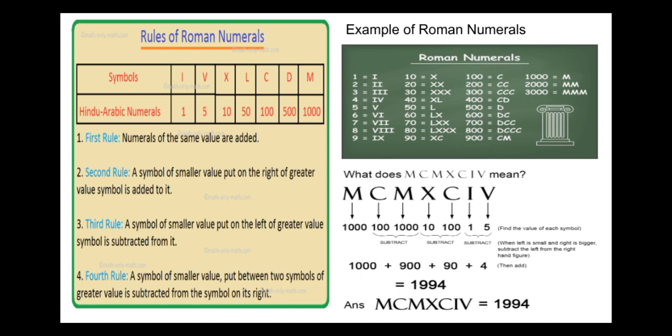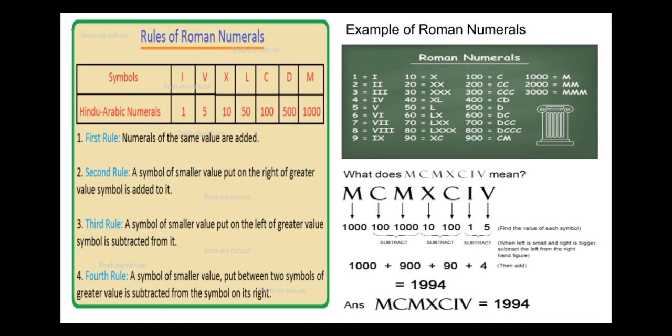So next is, what does MCMXCIV mean? M is 1000, C is 100, M is 1000, X is 10, C is 100, I is 1, V is 5. Add 1000. 1000 minus 100 is equal to 900. 100 minus 10 equals 90. 5 minus 1 is equal to 4.